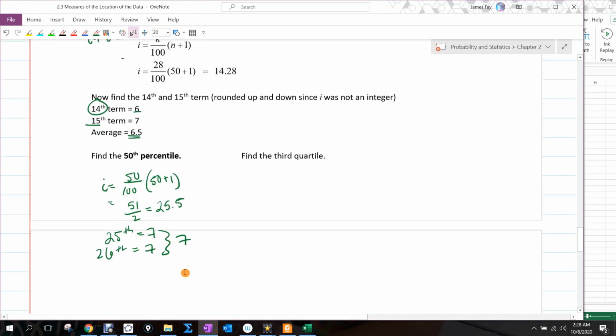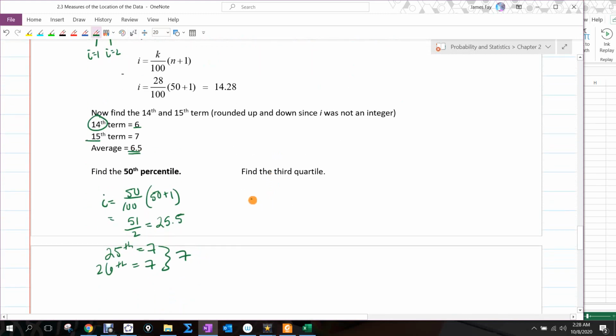Okay. If I want to find the third quartile, remember third quartile is 75. So 75 over 100 times 50 plus 1. So I get 3/4 times 51.